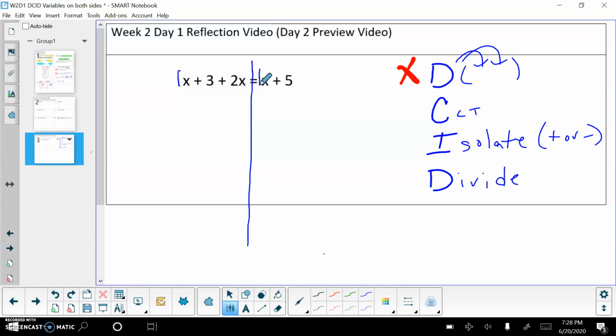There's no parentheses, so there's nothing to distribute, but I do have like terms. If you're wondering where the like terms come from, I'm going to relate this to the sketch so that we can see how the like terms come into play. Remember, x's are your triangles, so this would be 1x and then a 3 cube and then 2x's, and on the other side, a 1x, so one triangle, and a 5 cube.